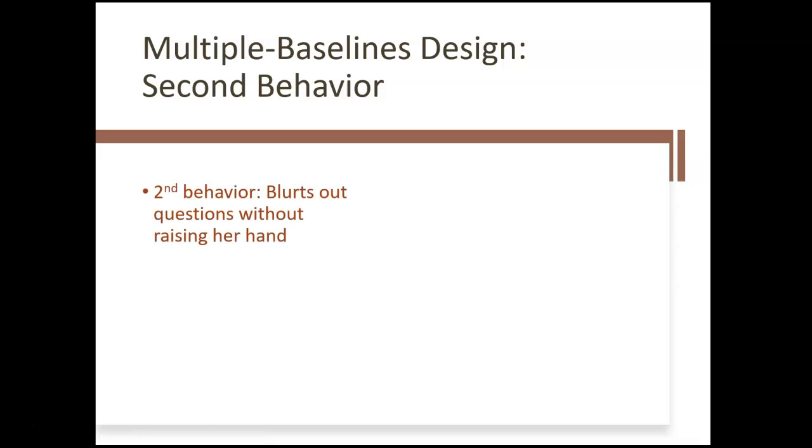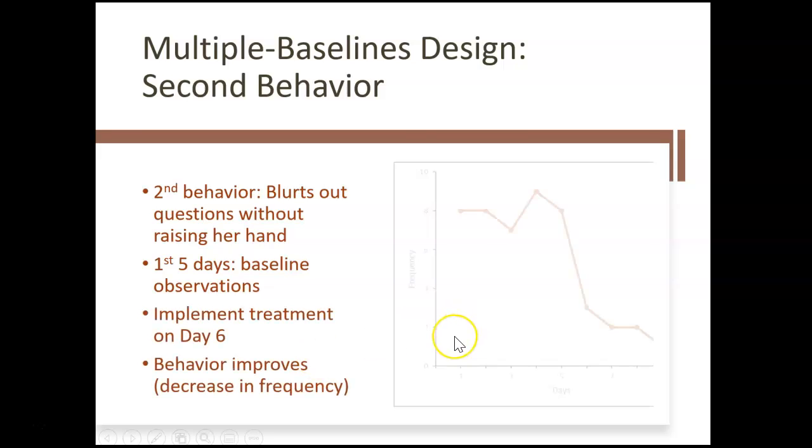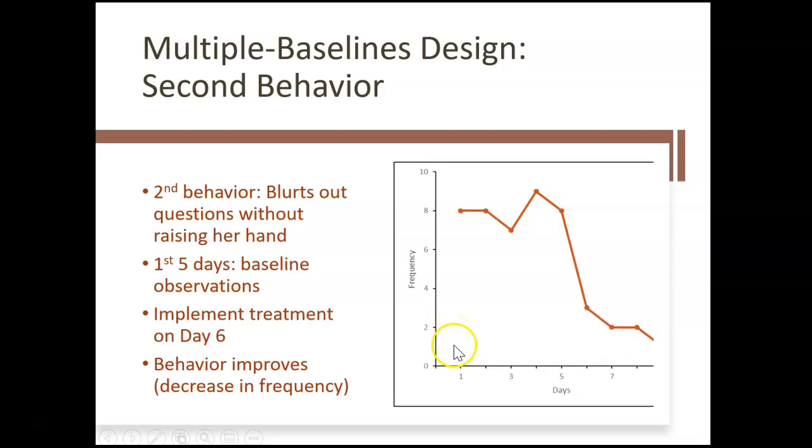Now what about the second behavior, blurting out questions without raising your hand? For the first 5 days, they did baseline observations. Treatment was implemented on day 6. And what you see in the graph is that with the treatment application at day 6, you do see a marked decrease in blurting out answers.